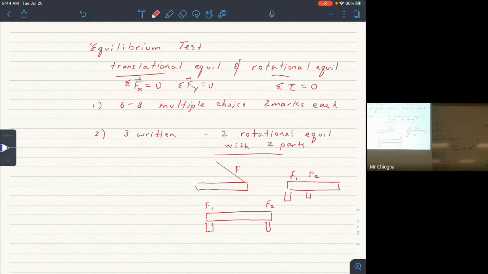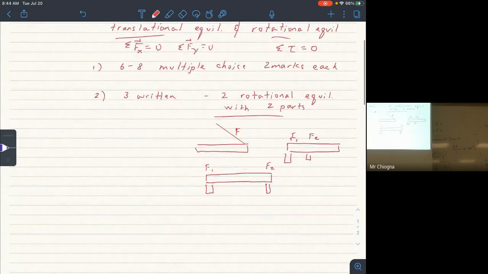With each of these problems, you start off with the condition for rotational. Then you use one or both of these to solve for one of the other forces. With the first type of rotational problem, you'll have an FV and an FH, which you may have to solve for as well. That would be your part two.